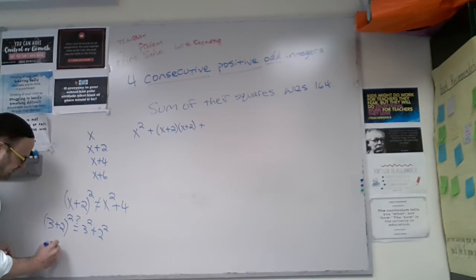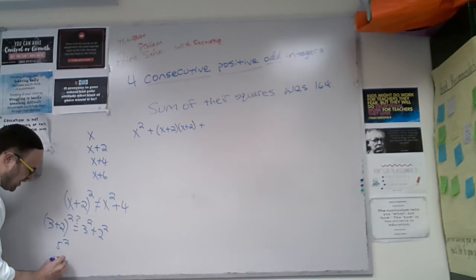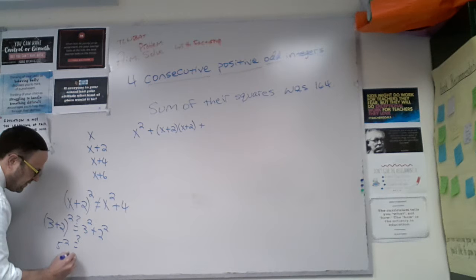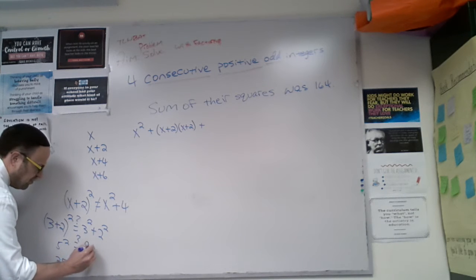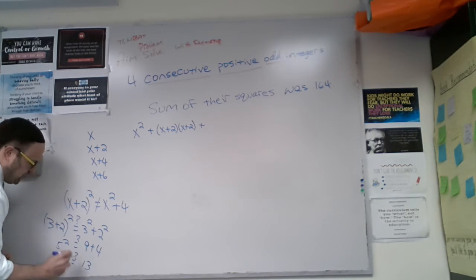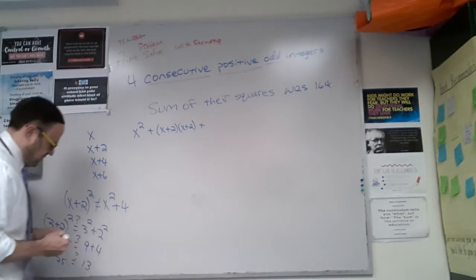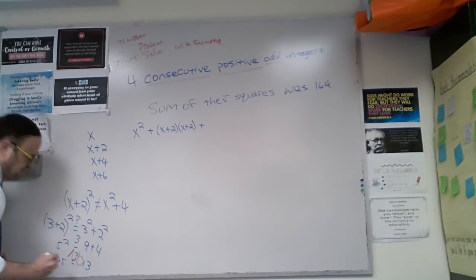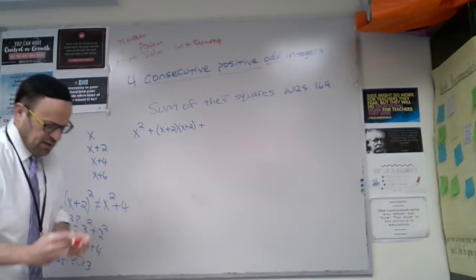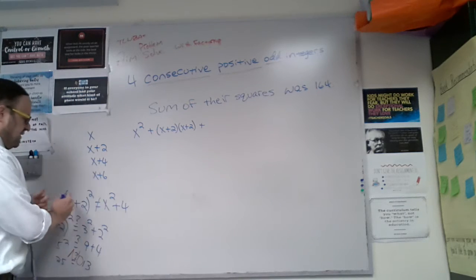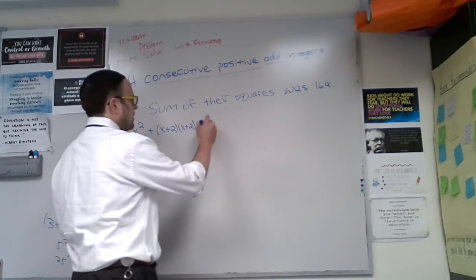Well, 3 plus 2 is 5. 5 squared is 25. Is that equal to 9 plus 4? No, absolutely not. Okay, so just a side reminder that this is not a valid shortcut.